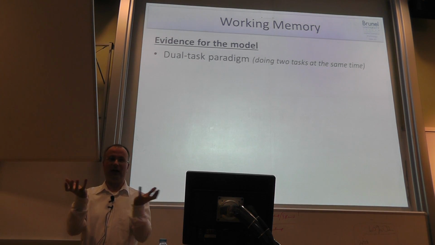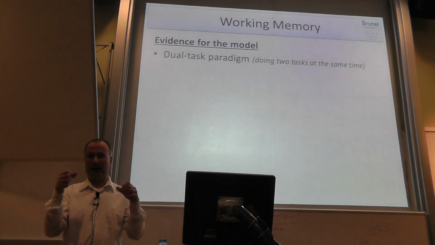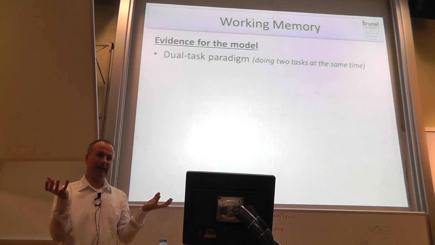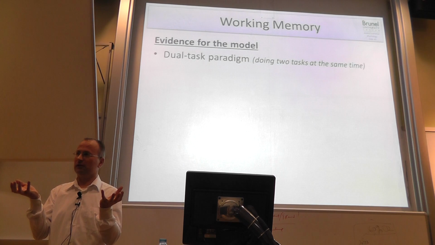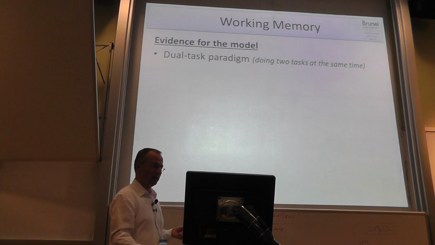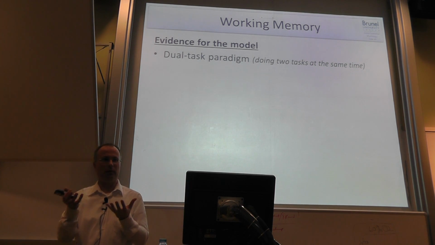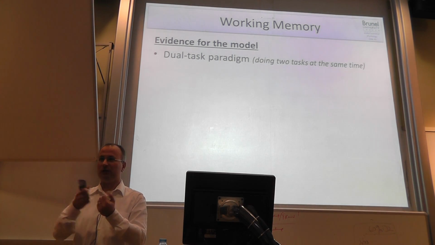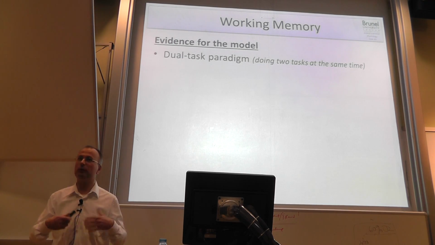However, if the two tasks demand different resources, so they have, so to say, different processing units, then they can work together roughly in parallel and with less interference than you might expect. So Baddeley combined a lot of different tasks with each other to see where we get interference between the tasks and where the tasks can roughly run in parallel without interference.